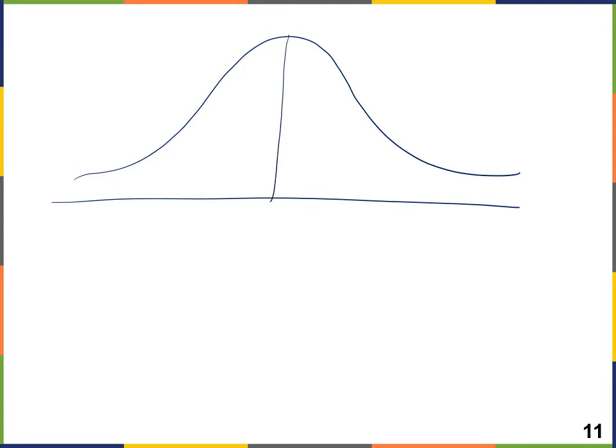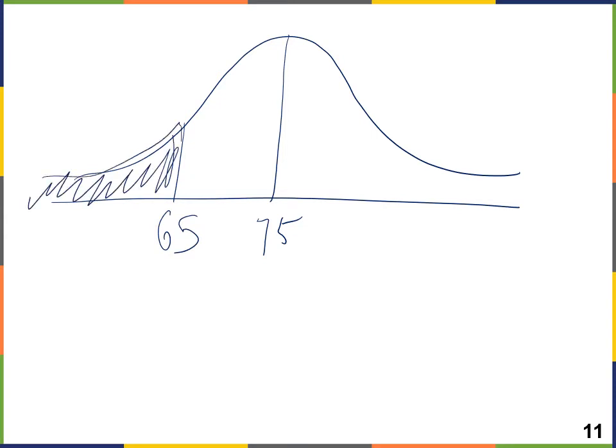So if I draw that picture again, and I say, okay, mean was 75, 65 was the score I was looking at, and I was trying to find this, rather than use the empirical rule, which we were able to do, but remember, the empirical rule is rounded. It's a rounded value. We can get even better accuracy by using this table.